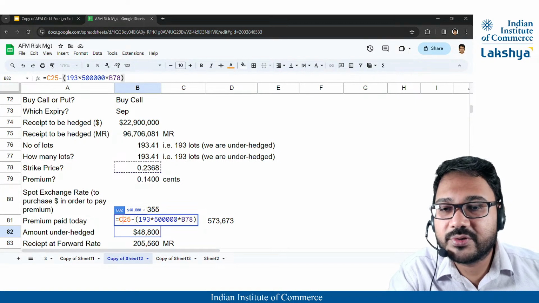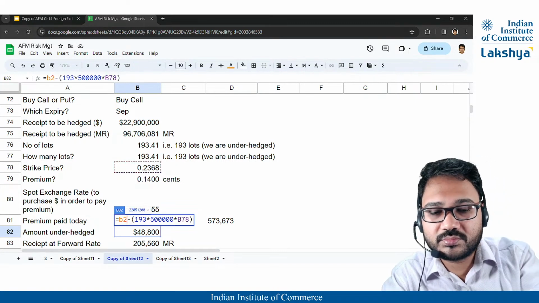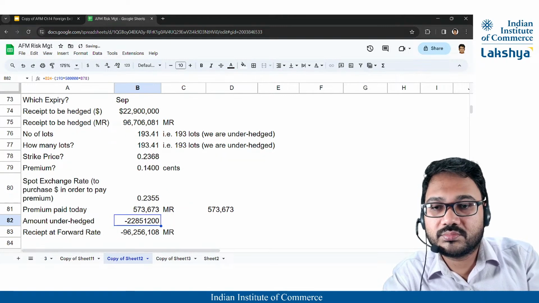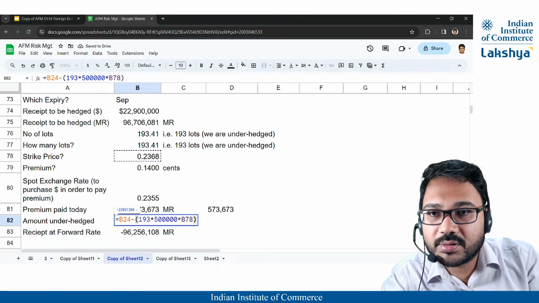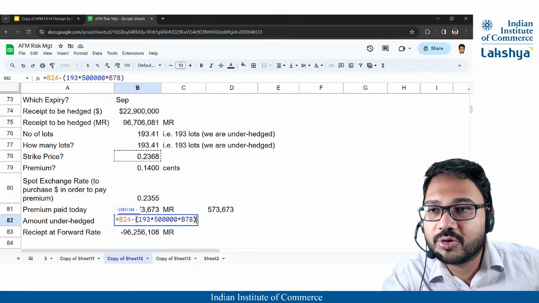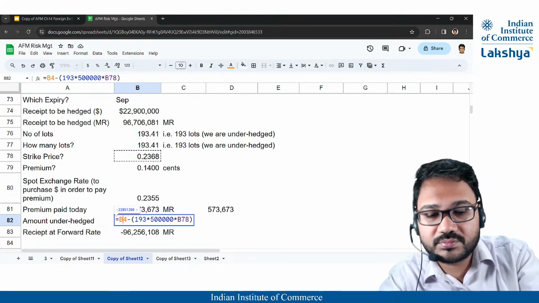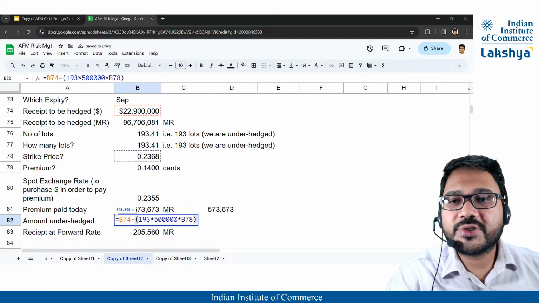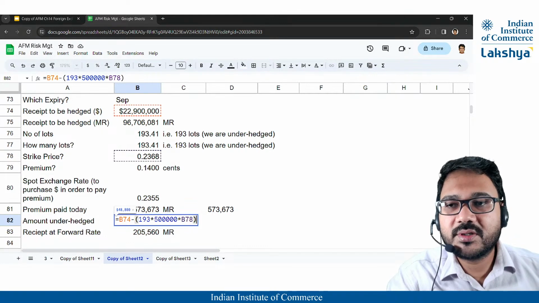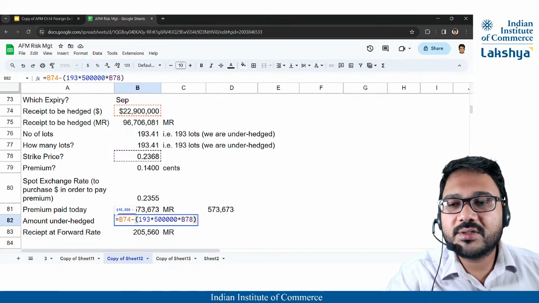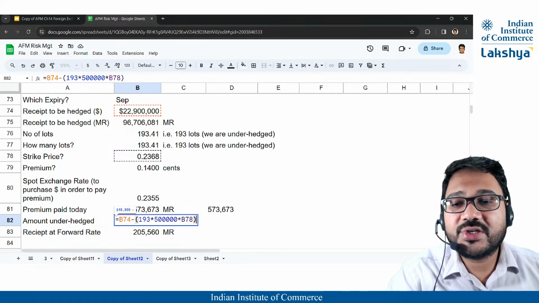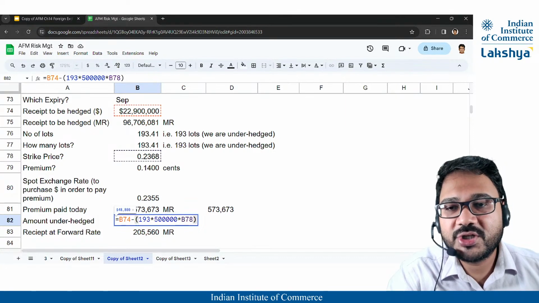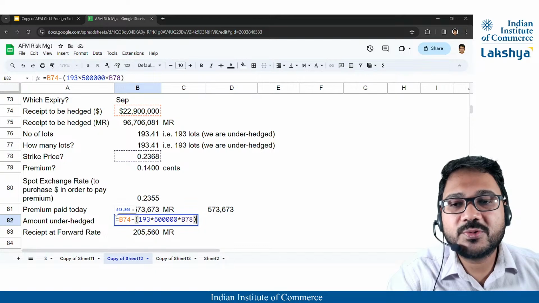Okay, it's B24. Oh, sorry, B74. Yeah. Okay. Your exposure is 22.9 million, right? But using the hedge, you are hedging 193 contracts of 500,000 MR each, and the exercise price is 0.2368.